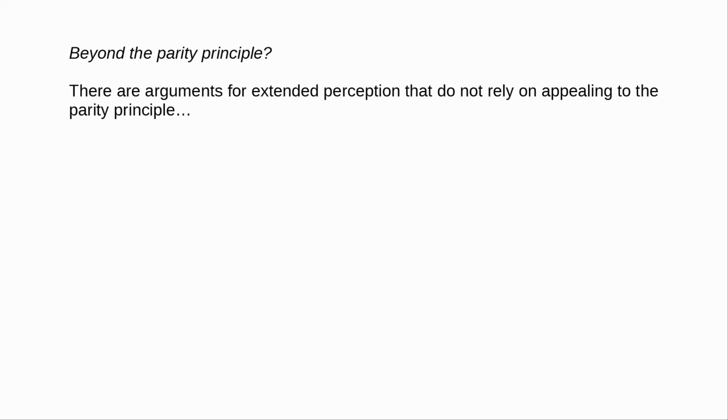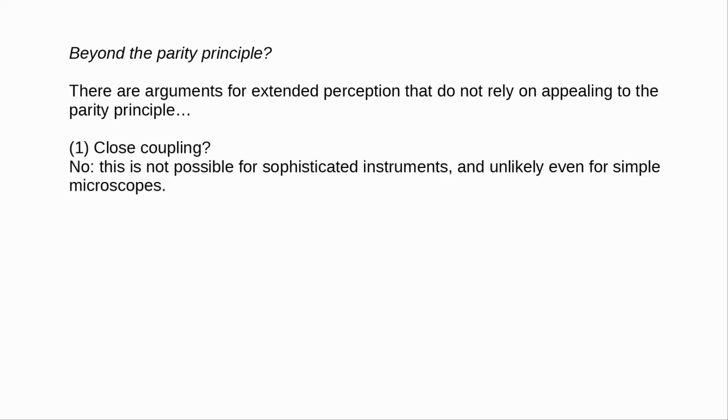Now, I'm not going to explain these in any detail because I think they can both be dealt with very swiftly. Close coupling is simply not possible for sophisticated instruments like atomic force microscopes. Maybe it would be possible for a person to carry a simple optical microscope everywhere with them and to use it enough in their dealings with the world that it counts as closely coupled to them. Maybe. I think that's probably unlikely.